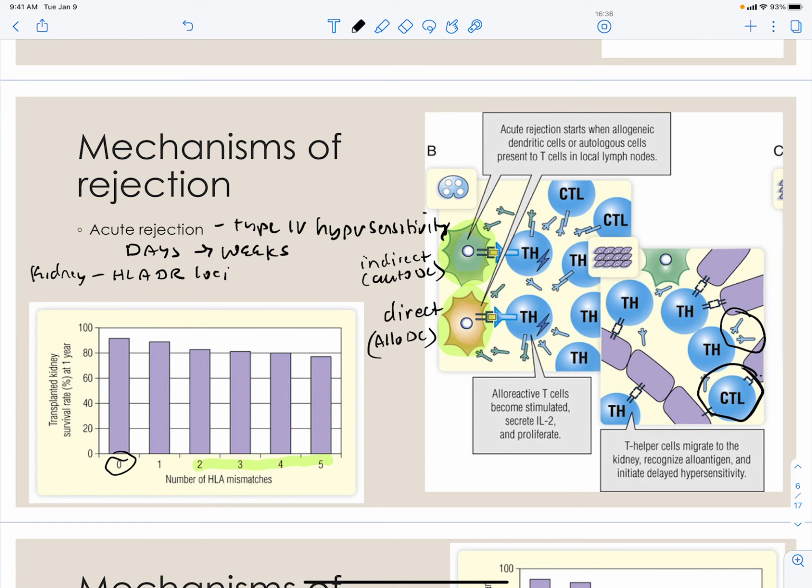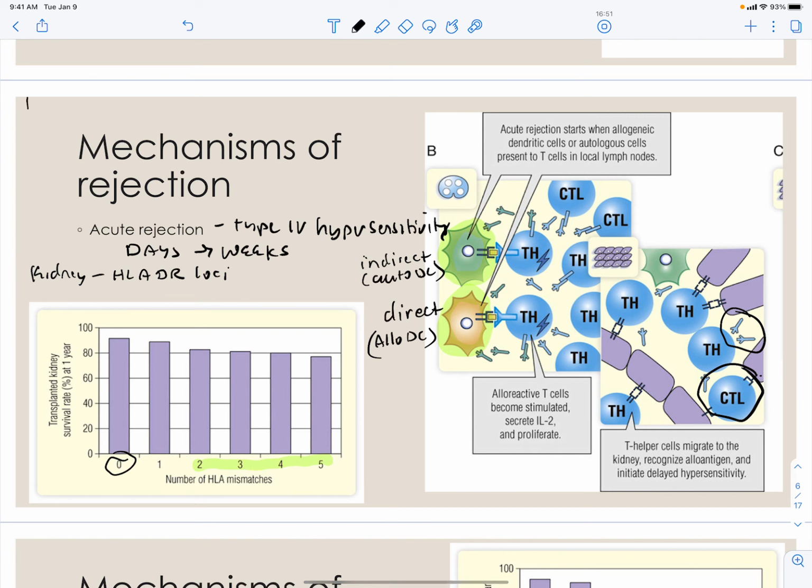There are also minor histocompatibility antigens. Minor antigens are proteins that have different amino acid sequences in donor and recipient, but they are encoded by genes not of HLA.